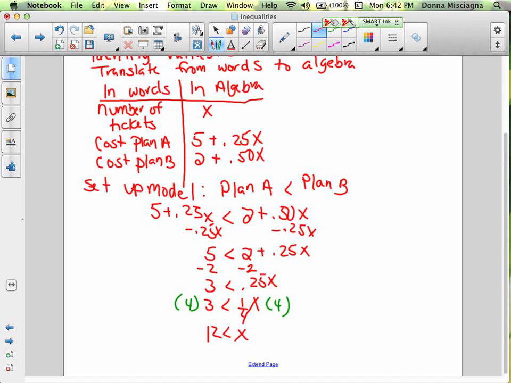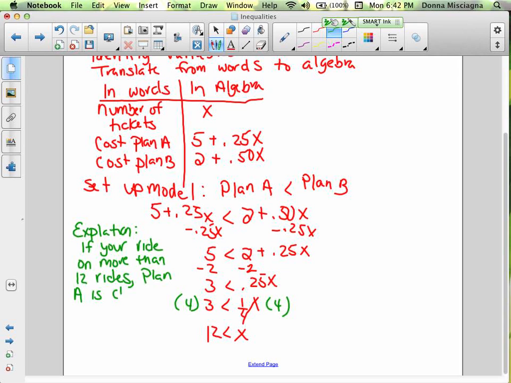So what does that mean in terms of our problem here, because it's a real world problem? So explanation. If you ride on more than 12 rides, Plan A is cheaper. By the way, they're equal for 12 rides.